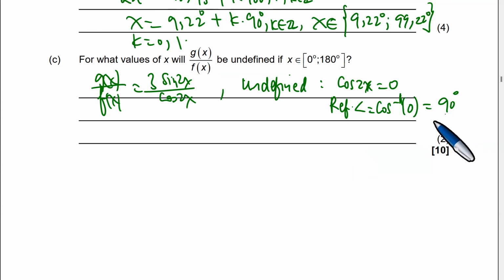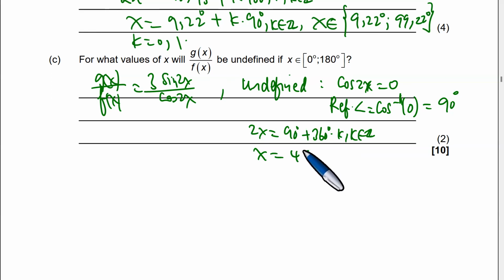The other angles where the cosine is 0 are 90, 270, etc. So we therefore have 2x equal to 90 degrees plus 360 degrees times k, where k is an integer.